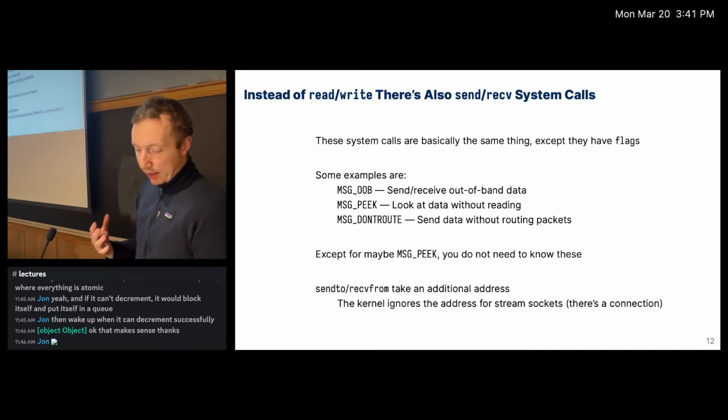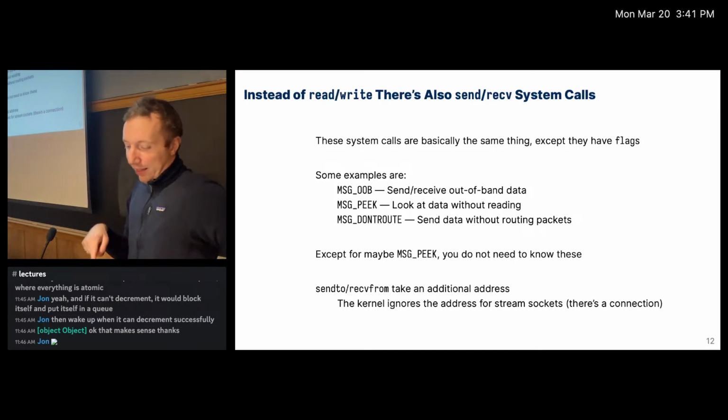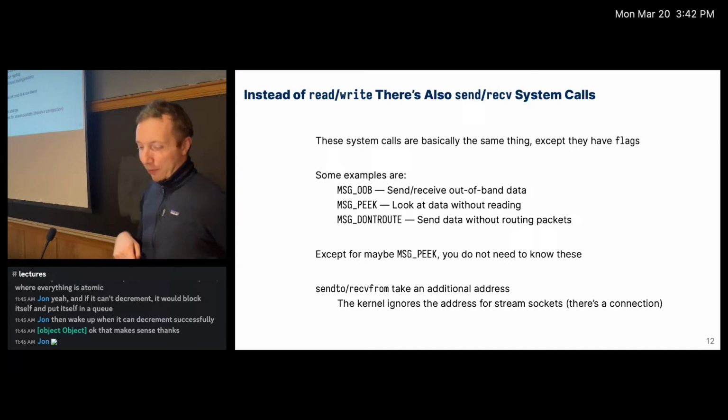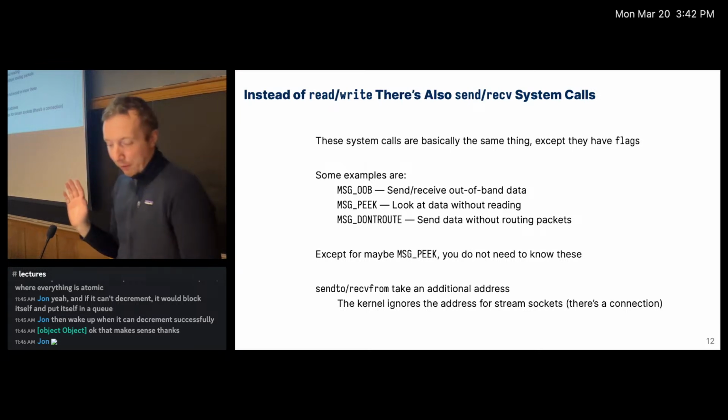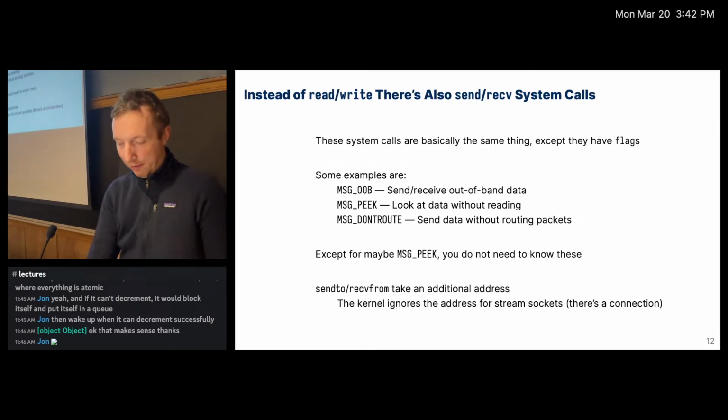That's peek. The last one is don't route, which is a weird one, because typically whenever you connect, there needs to be a connection between two servers. That's mostly if you're super in the weeds of networking, implementing your own router or doing some insane network debugging. Except for message peek, you'll probably never need to know these.